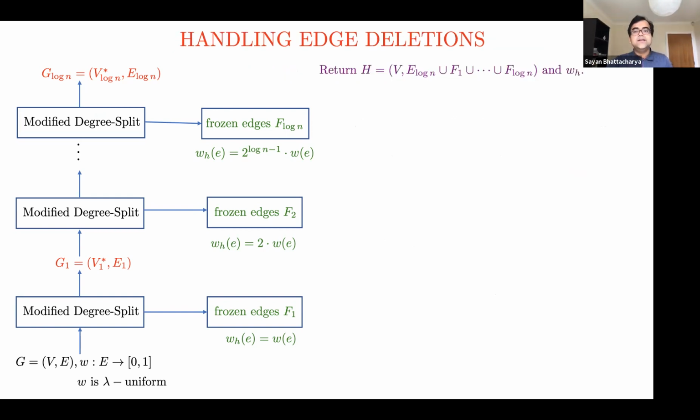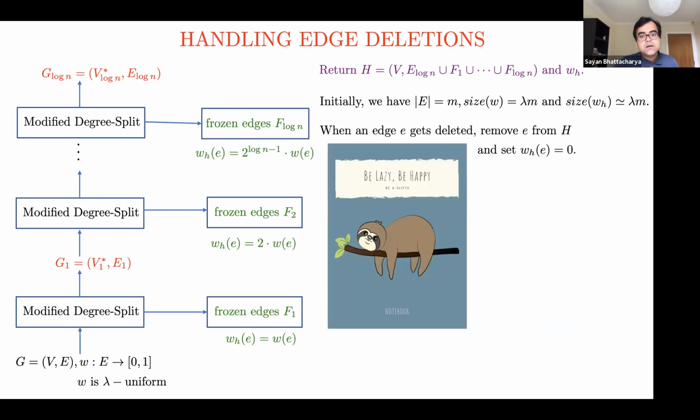For handling edge deletions, initially we have, again, let's say M edges, the size of the input matching is lambda times M, and the size of our output fractional matching is lambda times M. When an edge E gets deleted, we remove E from this structure, from our output H, and set the weight of this removed edge to 0 so that it does not contribute anything to the weights of the nodes.